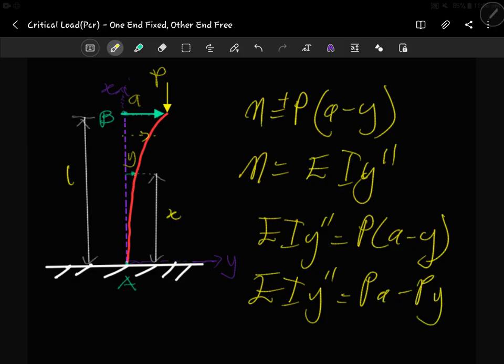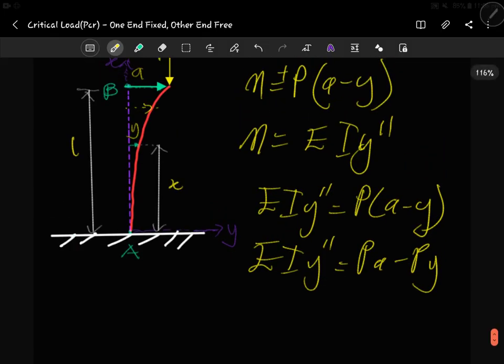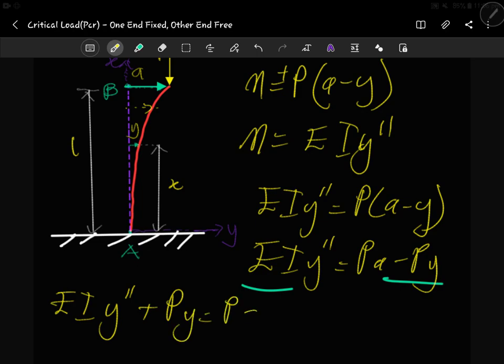What we are trying to do is find the critical load, so the easiest way is to put all our y's on one side and everything without a y on the other side. So we have EI Y'' plus PY equal to PA.